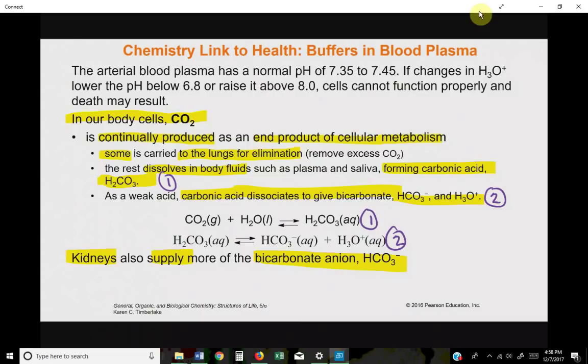Our kidneys also supply a portion of bicarbonate ion as it's forming urine. So we have CO2 that's produced in our cells, and our kidneys produce bicarbonate when necessary.